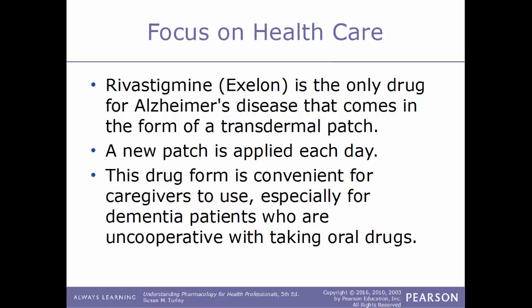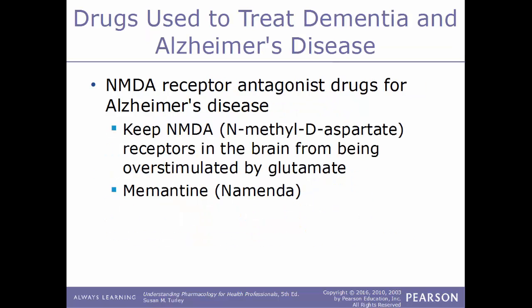when taking oral drugs. Another class of drugs that's used to treat dementia and Alzheimer's disease are NMDA receptor antagonist drugs. And the way that these act is they keep NMDA receptors in the brain from being overstimulated by the amino acid glutamate. An example of this kind of drug would be memantine, which is sold under the trade name Namenda.